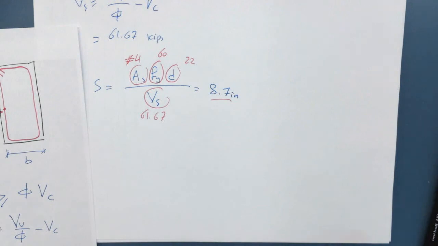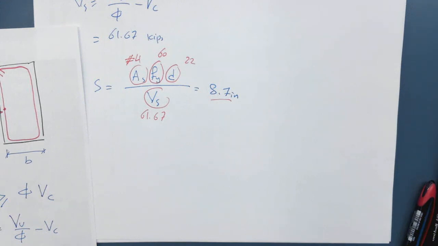We have to make sure that this spacing is not less than the minimum spacing. So we go to the second part of the table, all the way here, just to check that the spacing we calculated is not less than the minimum spacing. The minimum spacing is based on whether we are in here or in here.